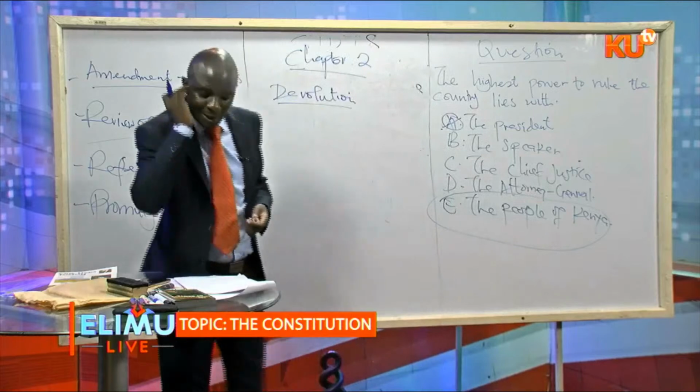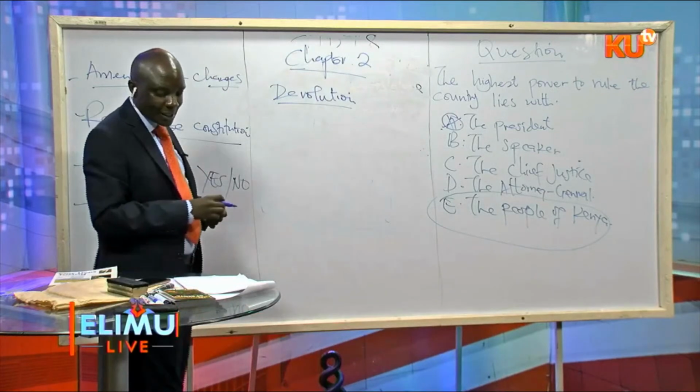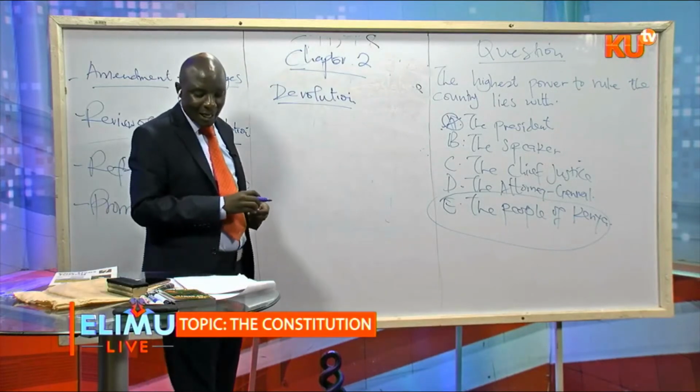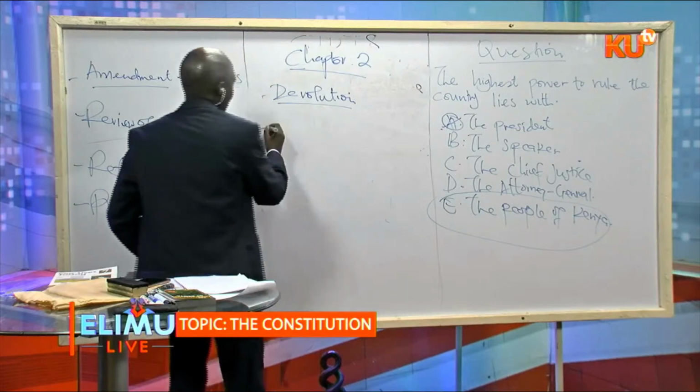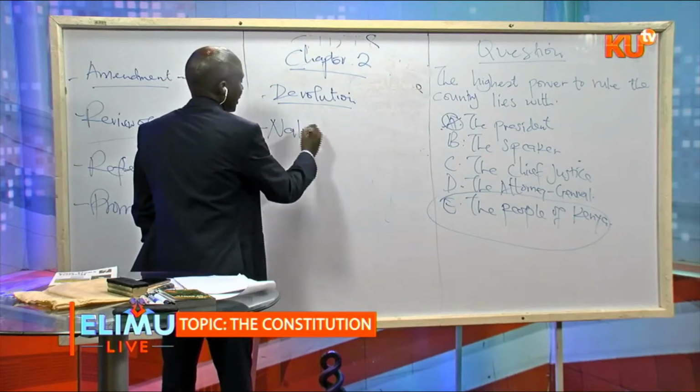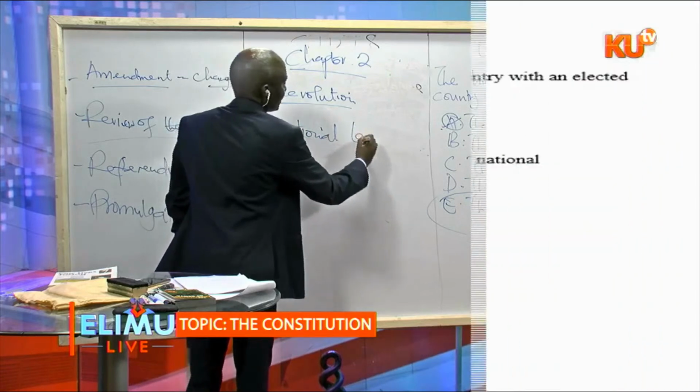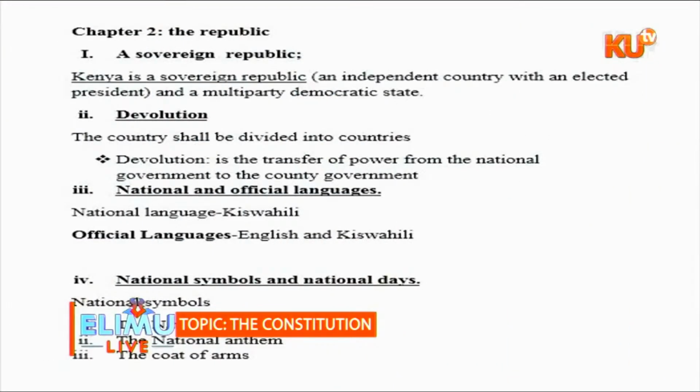Then another thing that appears in chapter 2 is our national language and official languages. So chapter 2 talks about our national language, and 2, as you can see here, official languages.